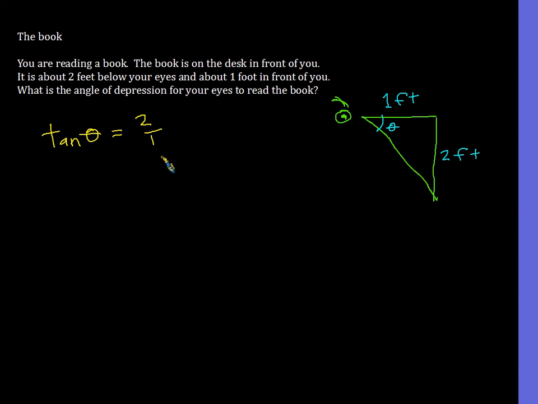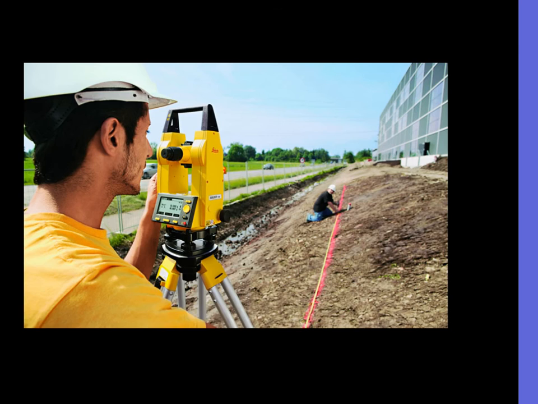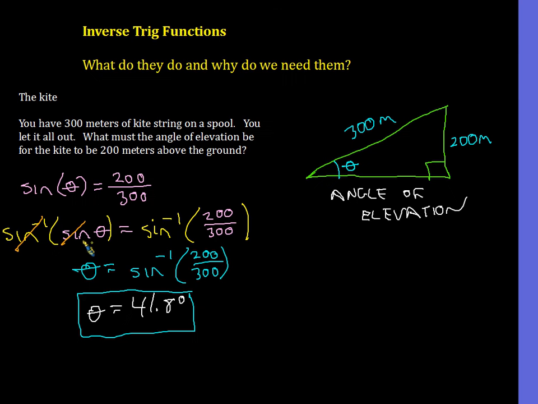And what we're going to do is the inverse tan, but instead of doing that middle step like we did last time, where we write out all this stuff, we're just going to go right down to the step where we say theta equals the inverse of whatever, okay? So we go from sine of theta equals 200 over 300 to theta equals inverse sine of this.